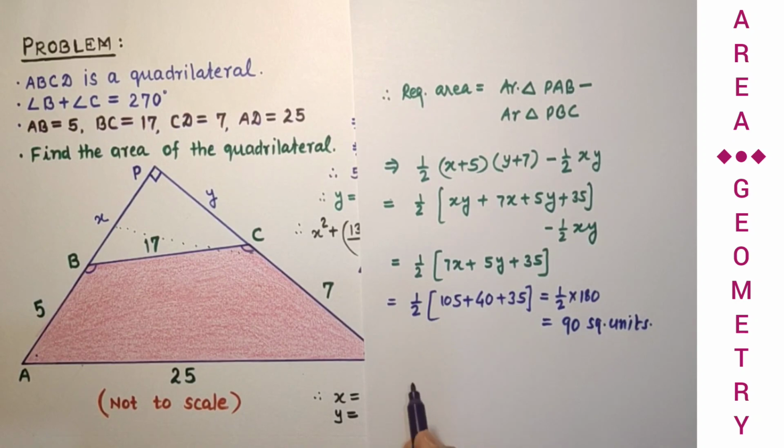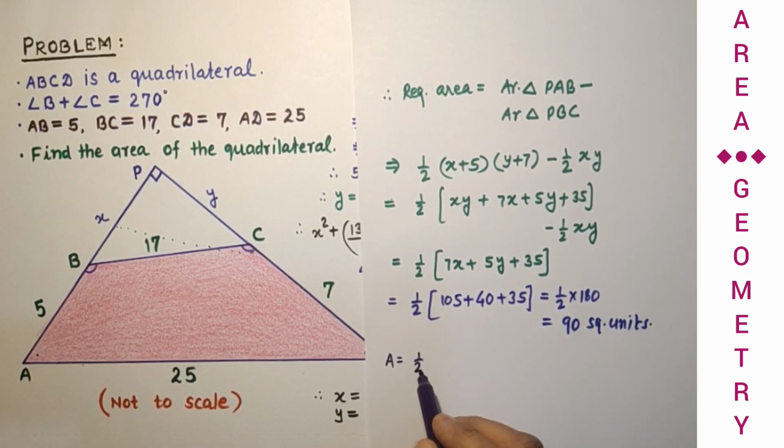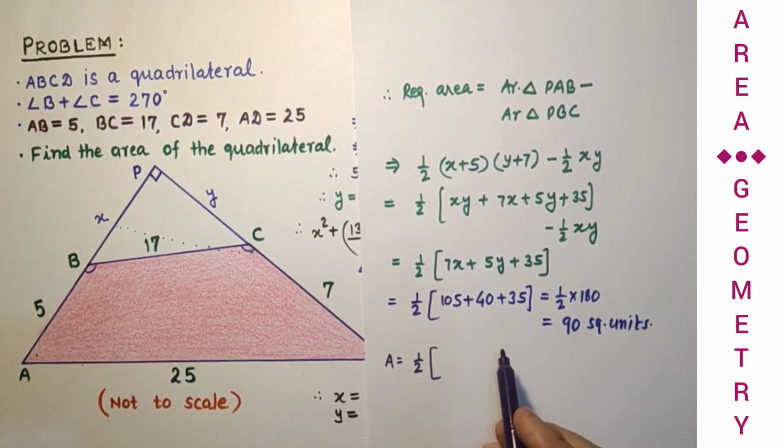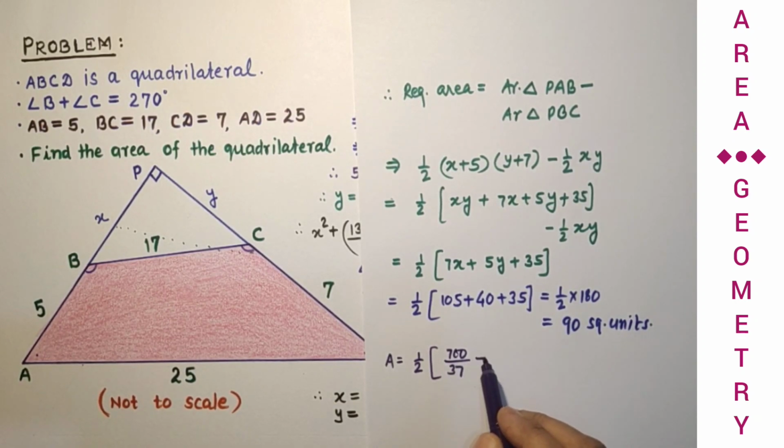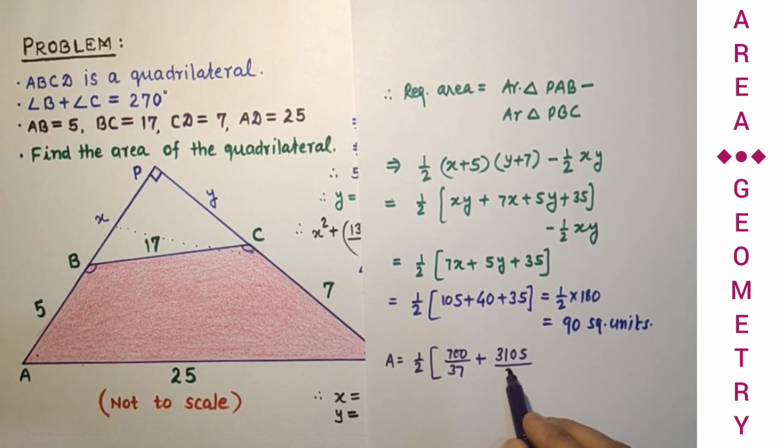And when we take x as 100 by 37, in that case the area will be 700 by 37 plus 5y, 5 into 621 by 37, which is 3105 by 37, plus 35.